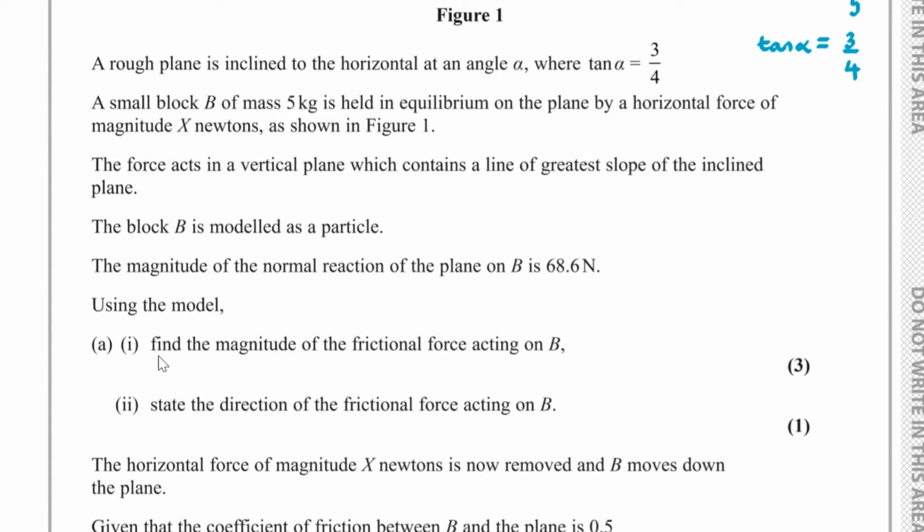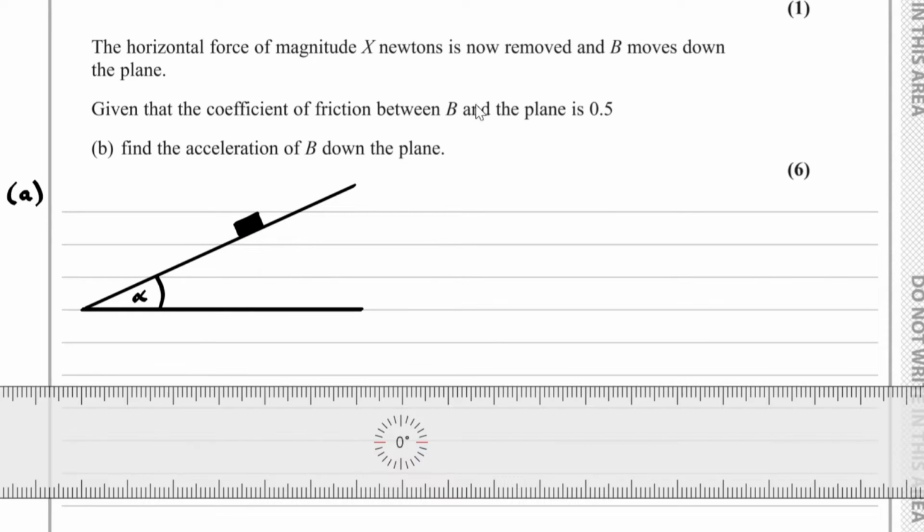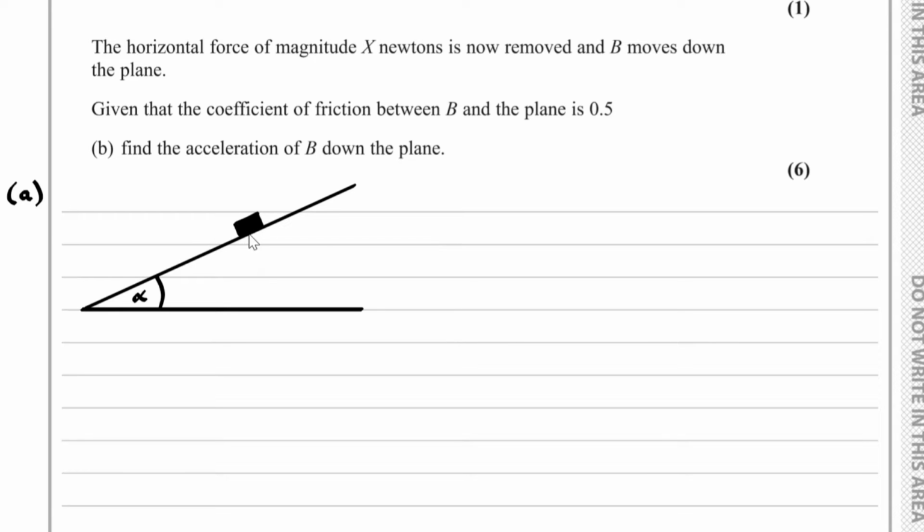Using the model, for part A we have to find the magnitude of the frictional force acting on B. Well, here is our block. What we have is a weight force acting downwards, that would be 5g.